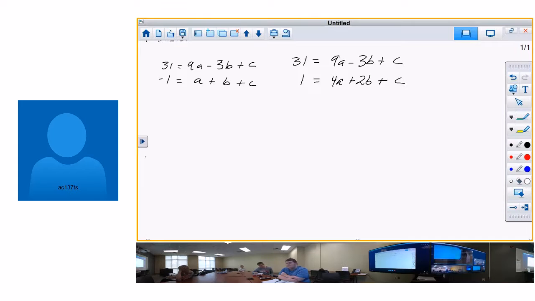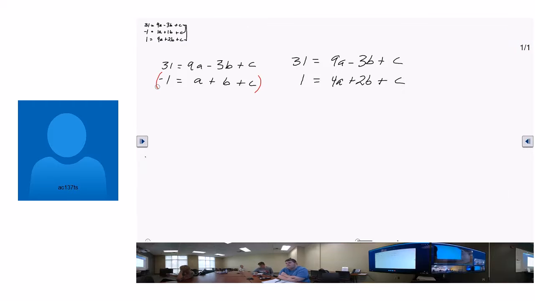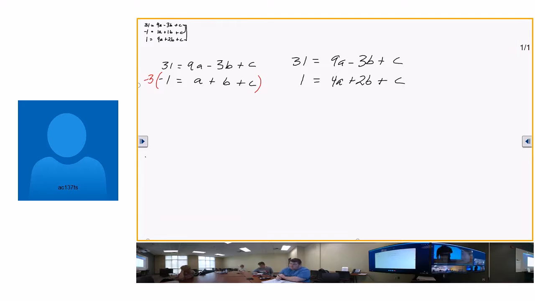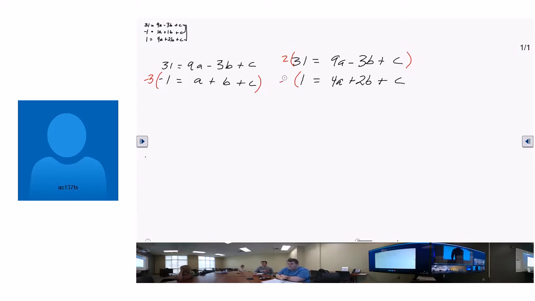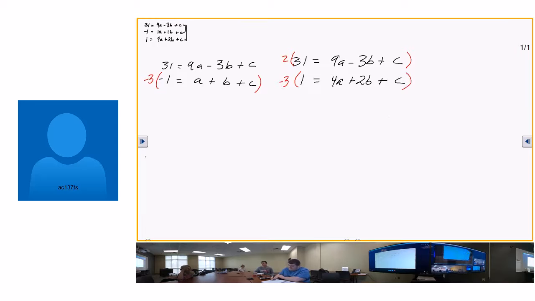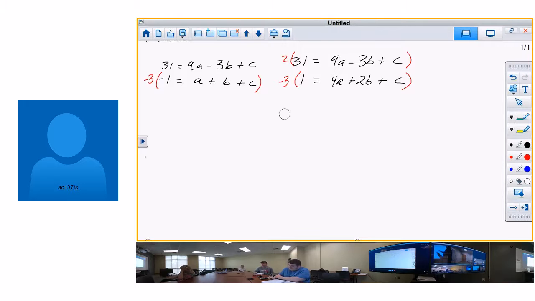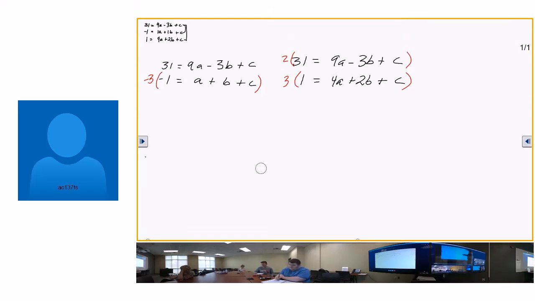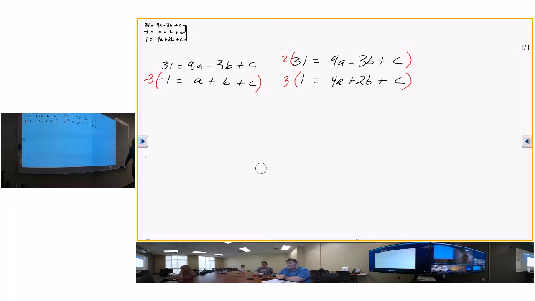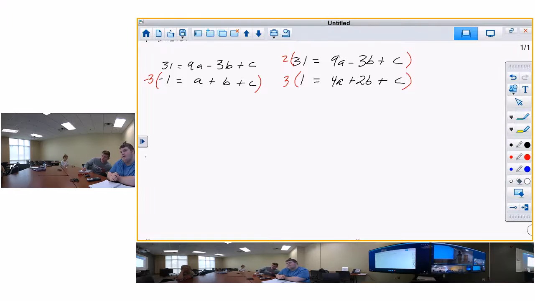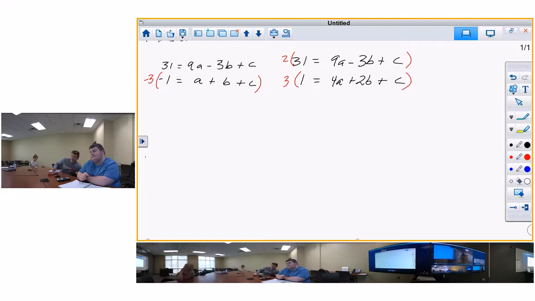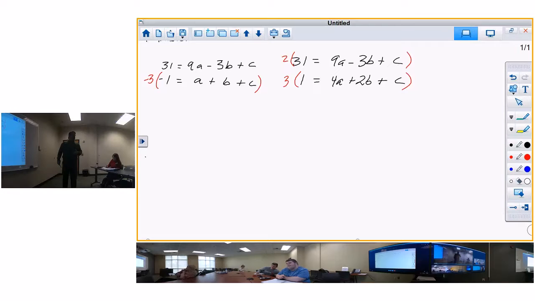I'm going to multiply this one by 2 and this one by 3. Now, you got to see why. Why am I doing that? To eliminate B on both. Once I eliminate B on both, I've got 2 equations, 2 unknowns, I can solve.